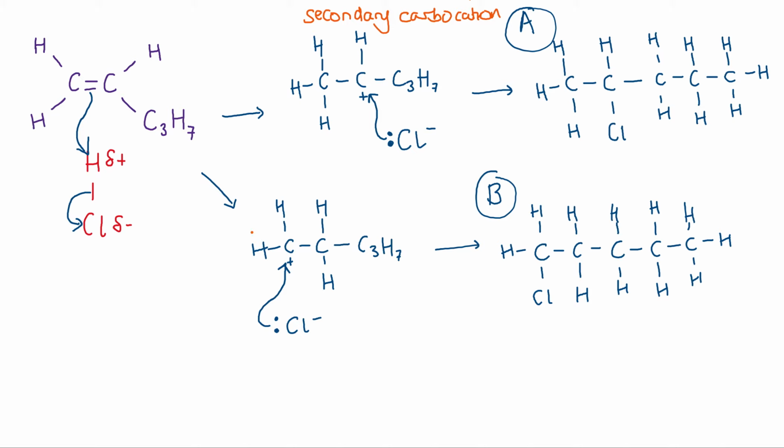This one down here, the positive charge is on this carbon. This carbon, as we can see, is only bonded to one other carbon. So that makes this a primary carbocation. The thing to remember here is which one is more stable.